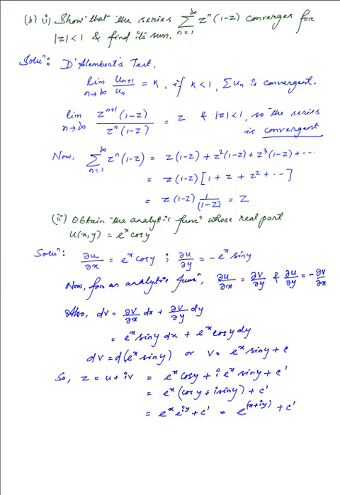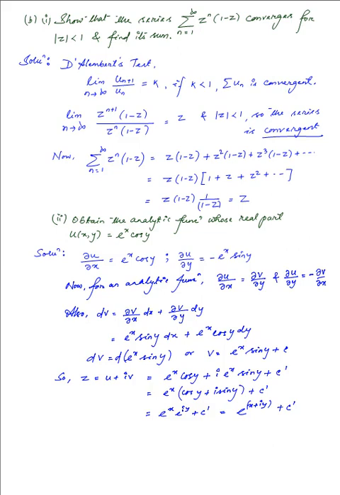We know from analytic functions that we have to consider the partial derivatives with respect to x and y, and that is exactly what I have done there. The partial derivative of u with respect to x and the partial derivative with respect to y are equal to the partial derivative of v with respect to y and the negative of the partial derivative of v with respect to x, respectively. Also, for a given function v depending on x and y, we have dv equal to partial v over partial x dx plus partial v over partial y dy.